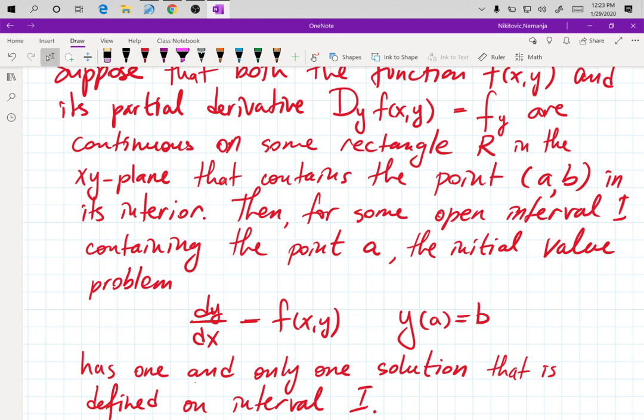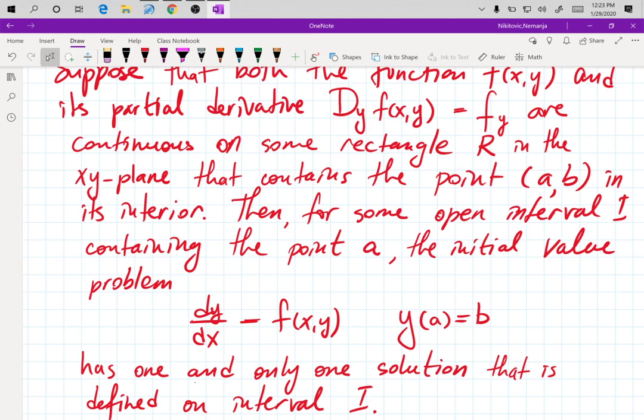So unique solution means that once you have that point, only one function out of all of the infinity of those plus c curves that are stacked on top of each other is going to hit that point. Since there is something that goes to that point, that's existence, and only one goes to that point, that's your uniqueness.